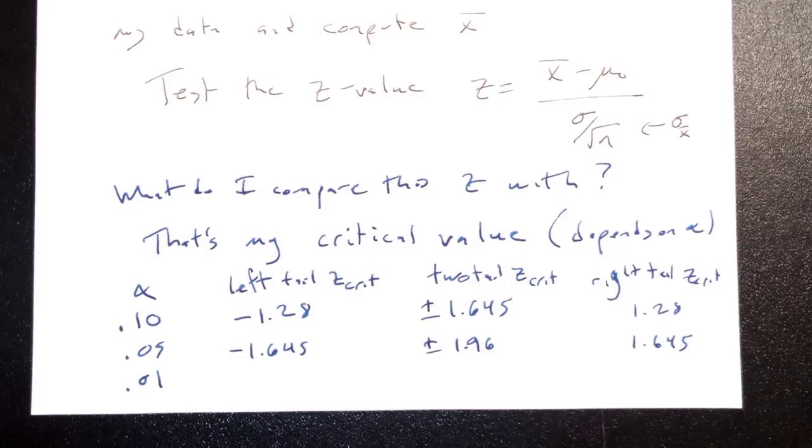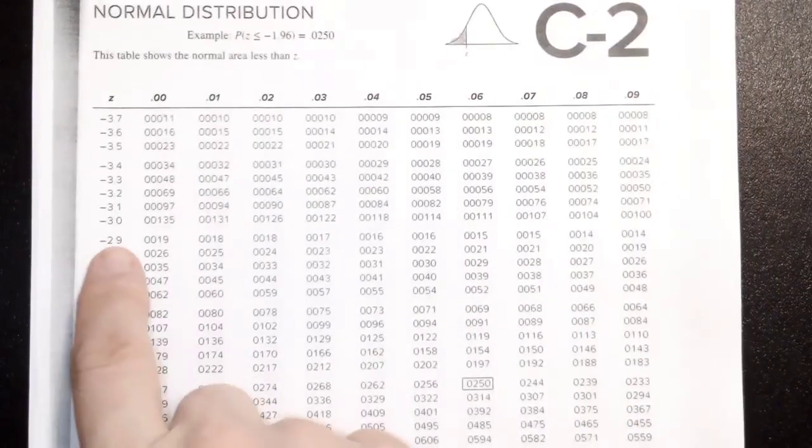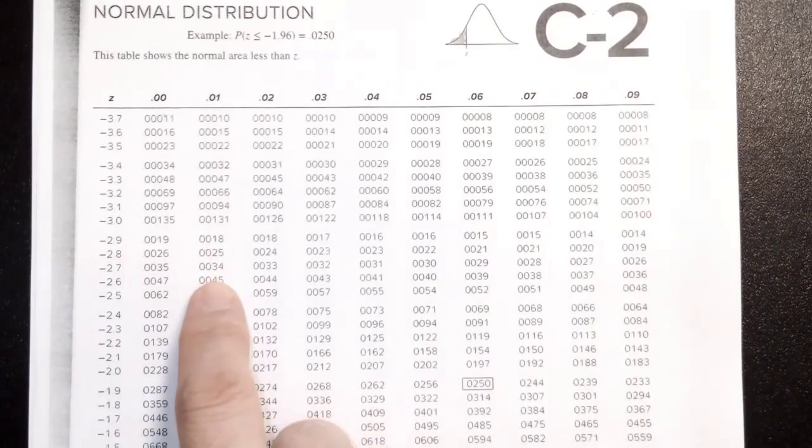Again, I don't know these numbers by memory. I have no idea what they are off the top of my head. But if I want alpha to be 0.01, I know where to go to look for that. Double zeros, double zeros.